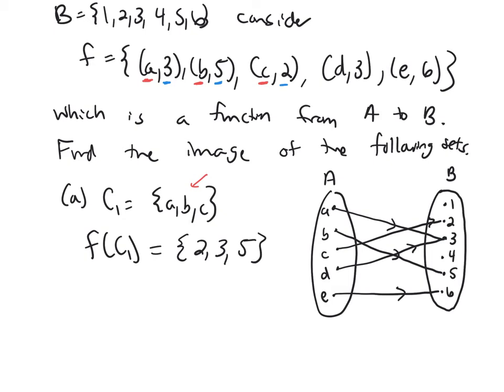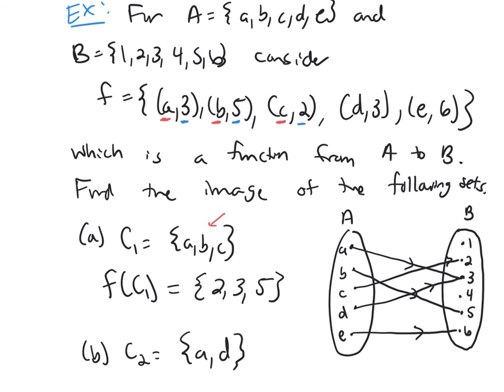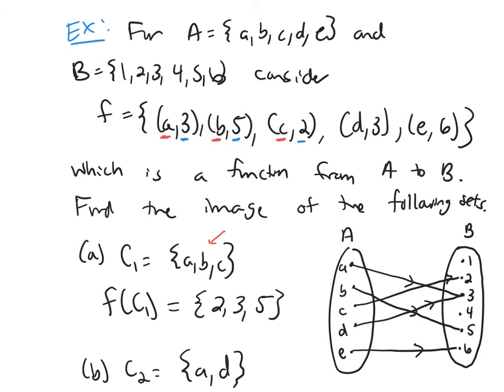All right, let's look at the next one. C2. Let's say my set is just going to be a, d. So again, you have two options. You can look up at your ordered pairs here. Look at the pairs that begin with a or begin with d.